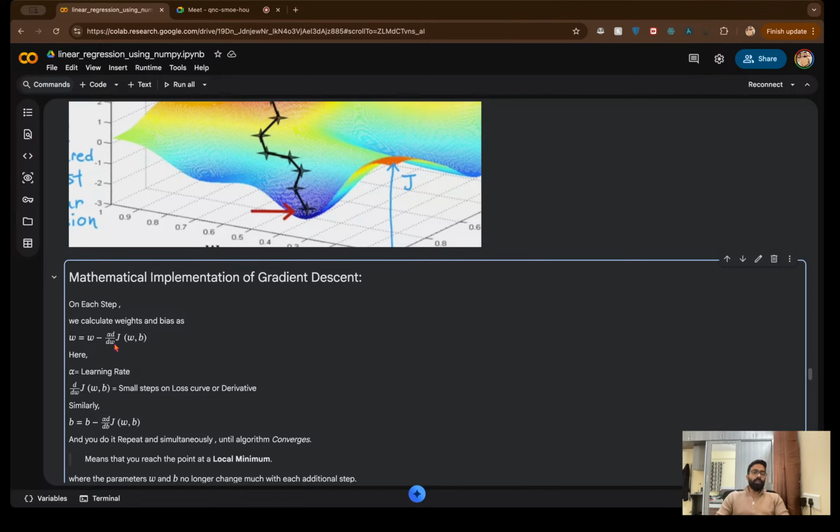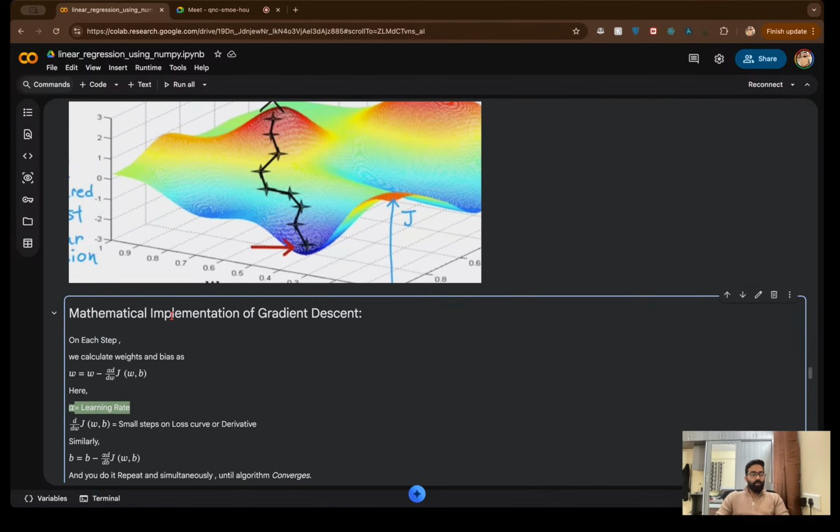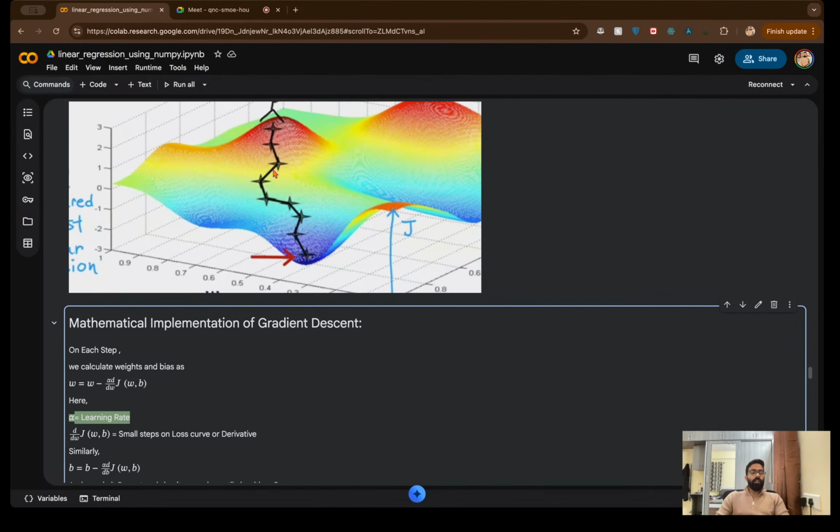Now there comes the mathematical concept of partial differentiation. So w is equal to w minus alpha multiplied by dJ by dw of J(w,b). What is alpha? Alpha is the hyperparameter. This we will provide. It will tell the speed.